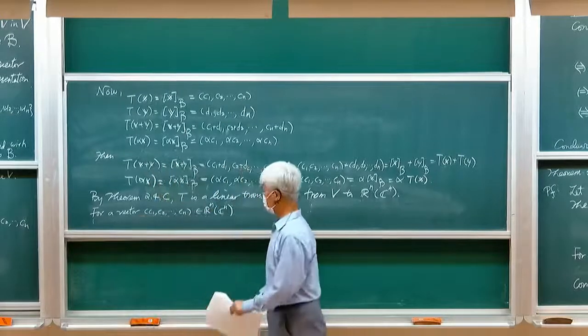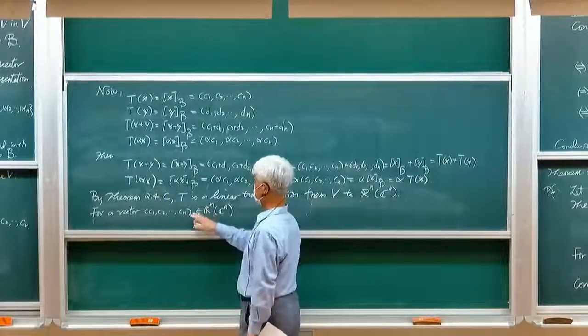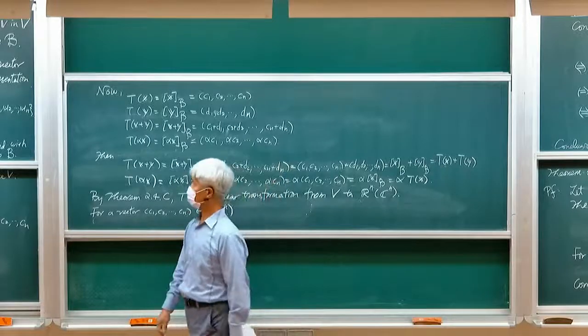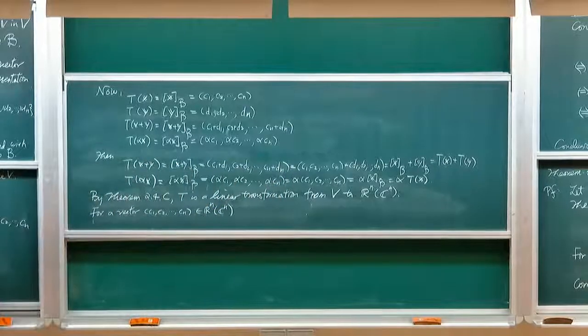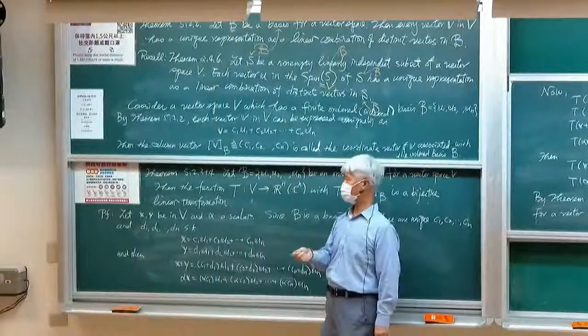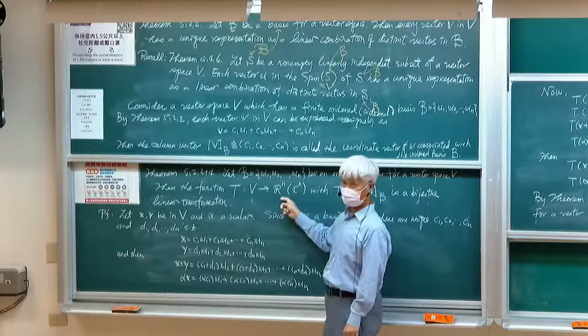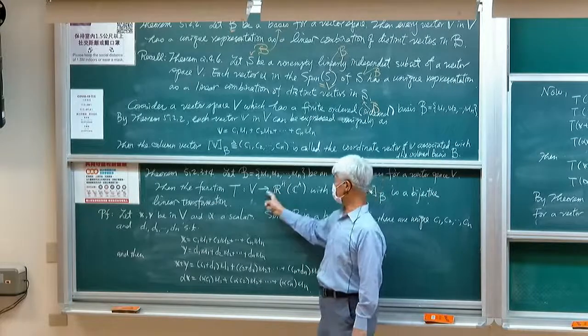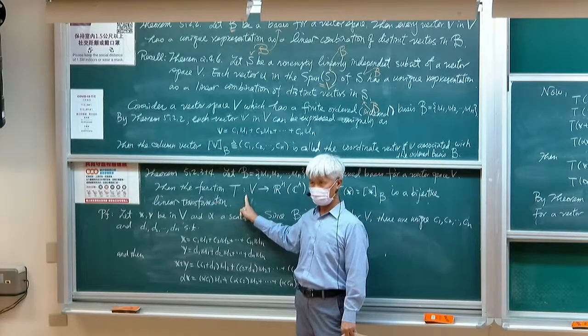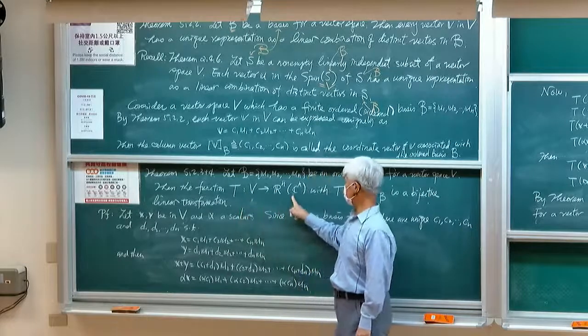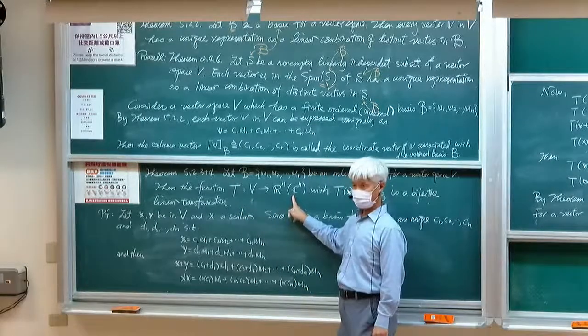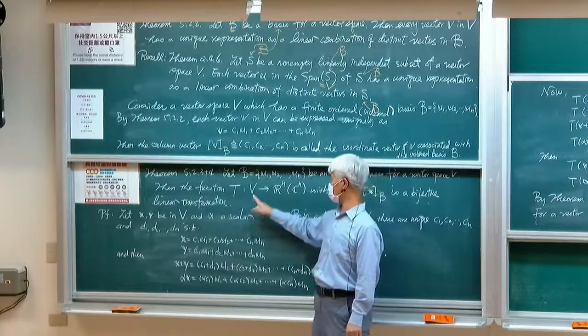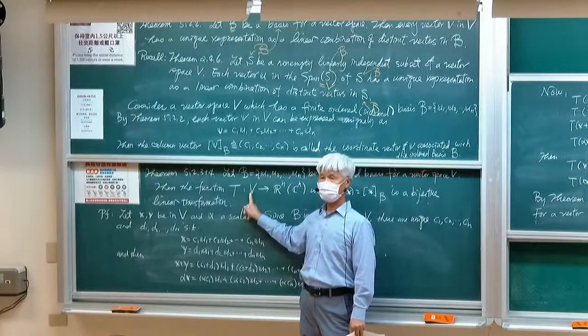So this is in the codomain, right? To show that this function is onto, we have to show that for each element in the codomain, there exists an element in the domain such that the element that we select in the codomain is the image of that element in the domain.